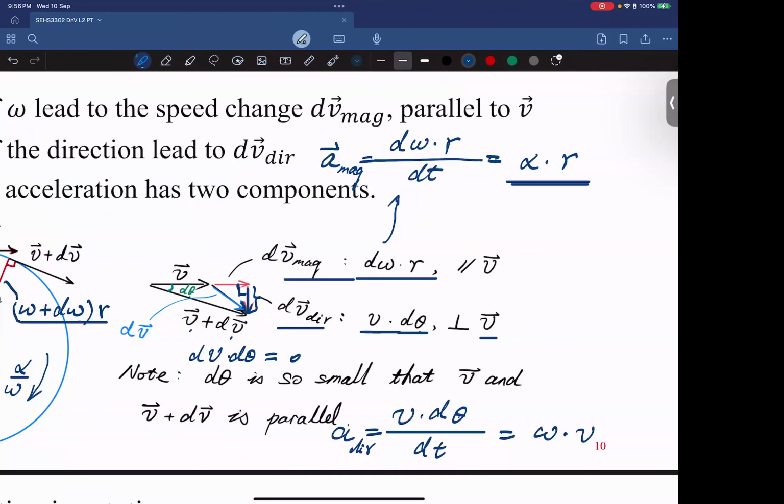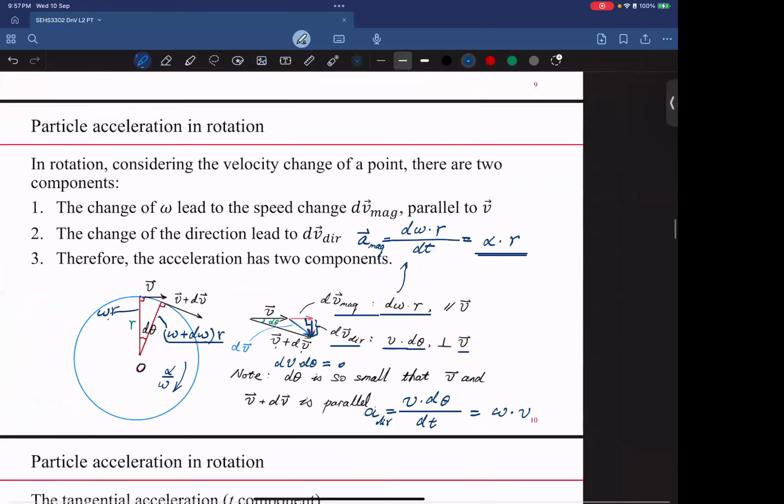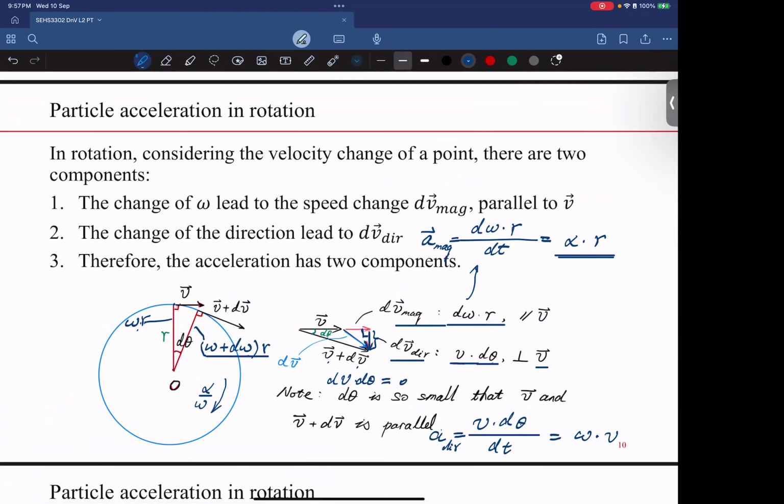It must point to the right-hand side, because you can see from here it turns to the right. Once it turns right, it must have an acceleration to the right-hand side from the direction change. There's no need to fully understand every detail, but it also took me many years to get this understanding. So just keep in mind, if you cannot fall asleep, you can take it out and read it.